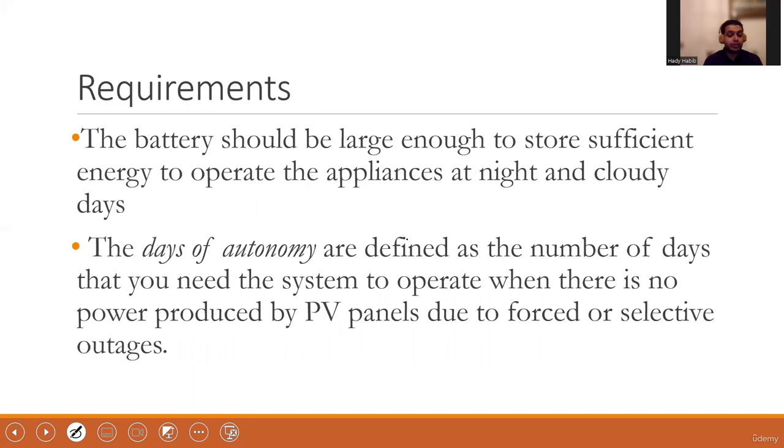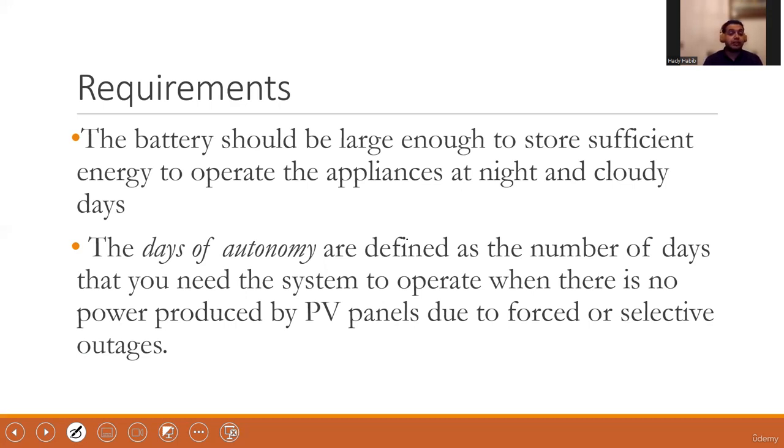You have to consider that at night, the battery is the main source of electricity. If you are going to have a 100% PV system in a location, and also in cloudy days, the battery will play a bigger role in feeding the demand. And as I mentioned, there are days when there is no sun.